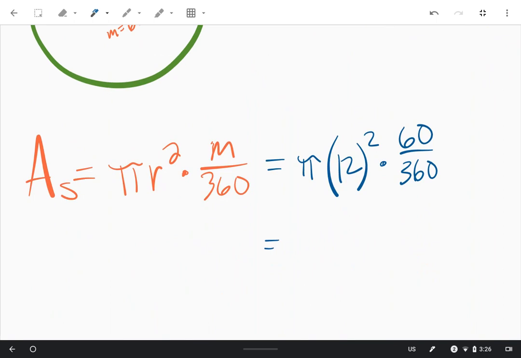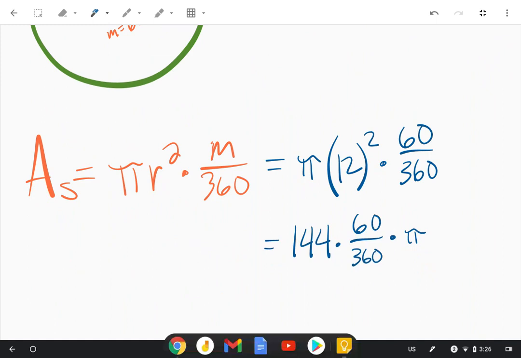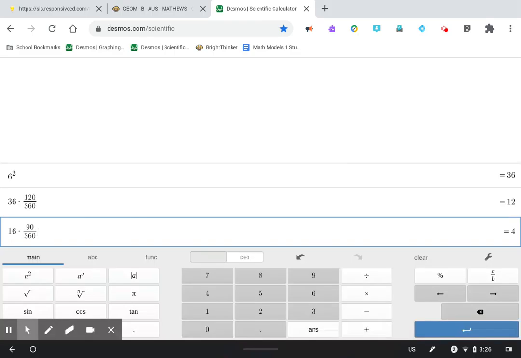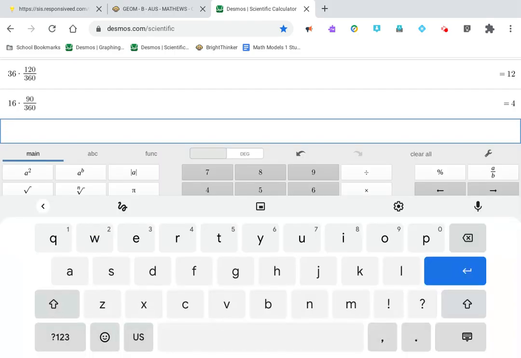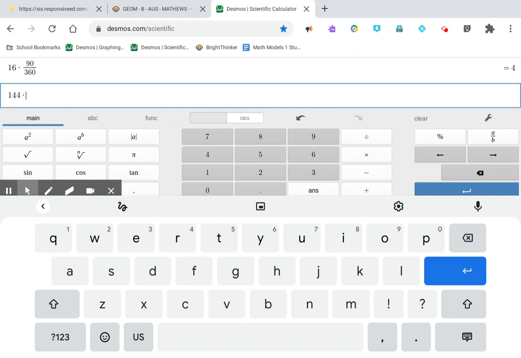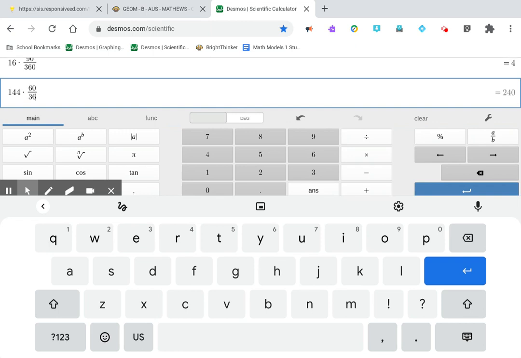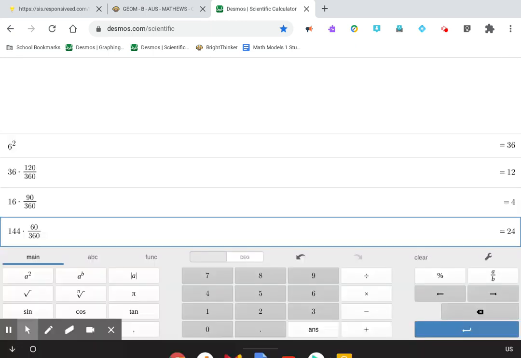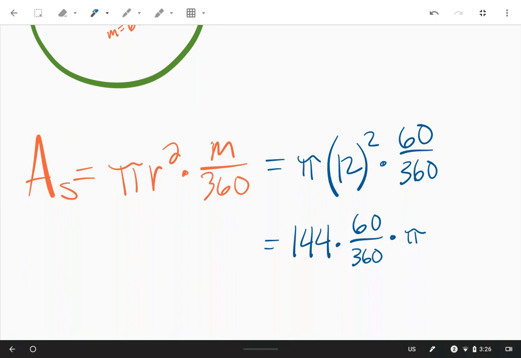So 12 squared is 144, times 60 over 360, times pi. So we'll multiply that: 144 times 60 divided by 360, and we get 24. So we get 24 pi.